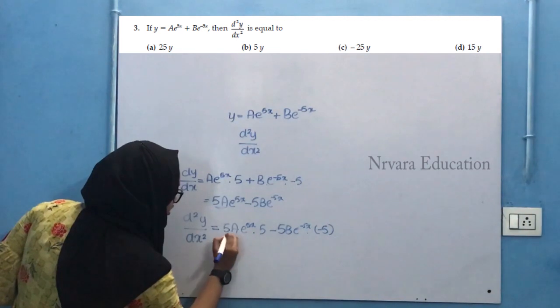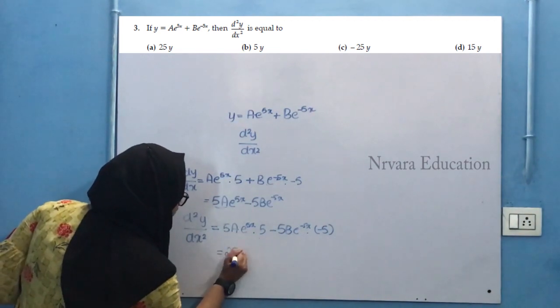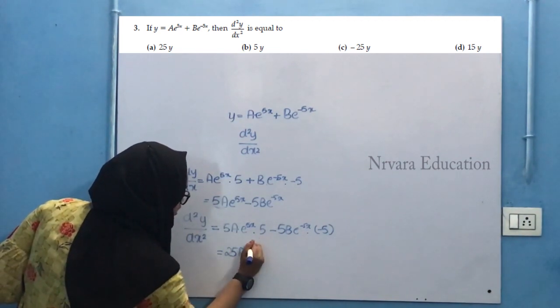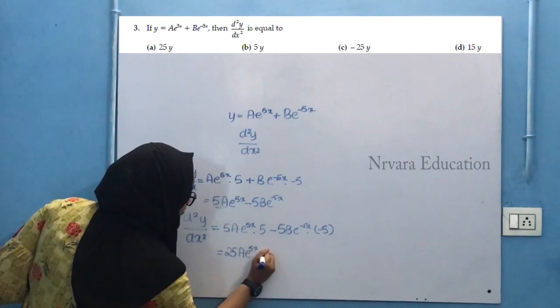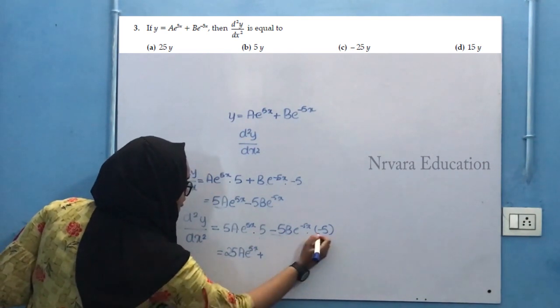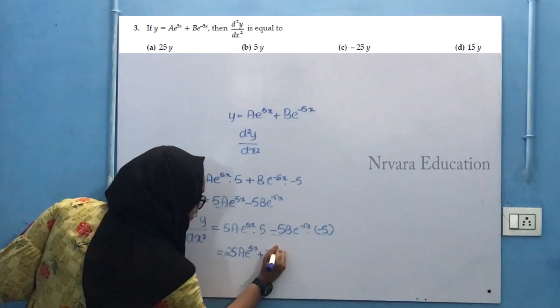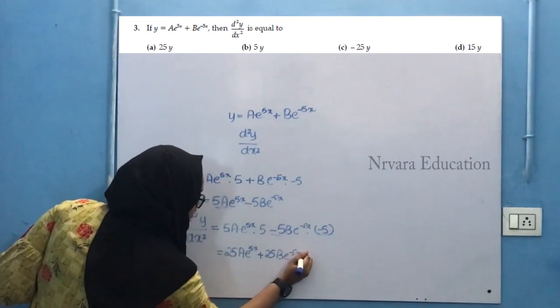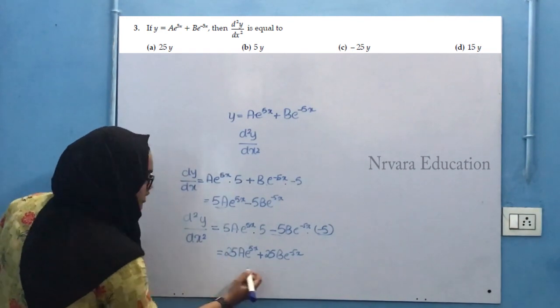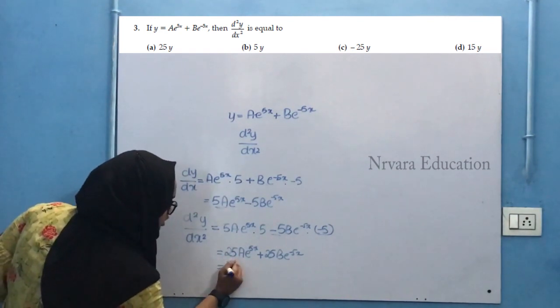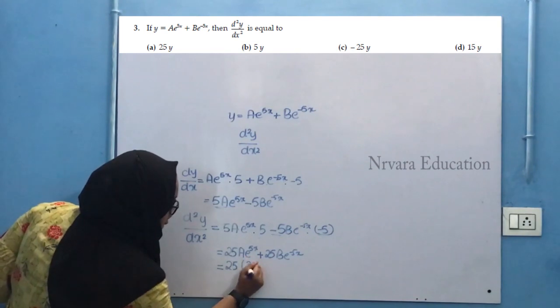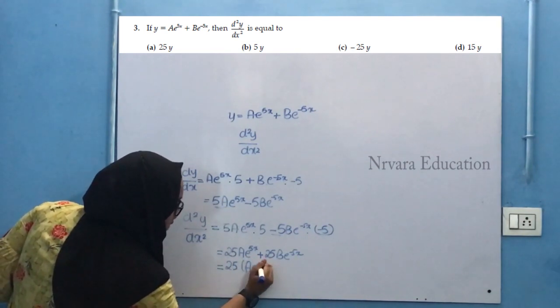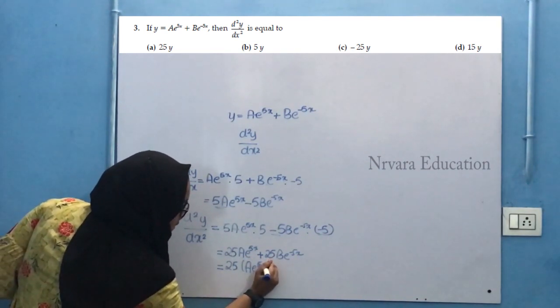Now this will be 25a e raised to 5x plus, since both are negative terms, 25b into e raised to minus 5x. So we'll take the common term 25 outside. We get this.